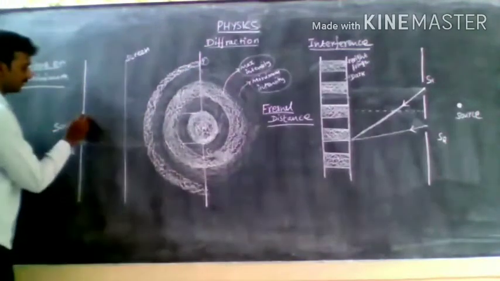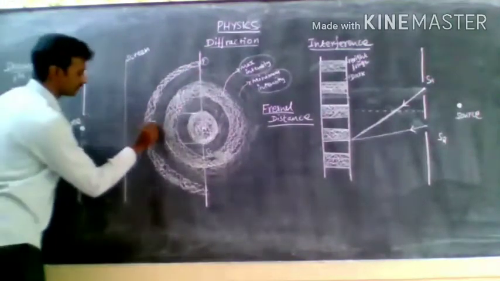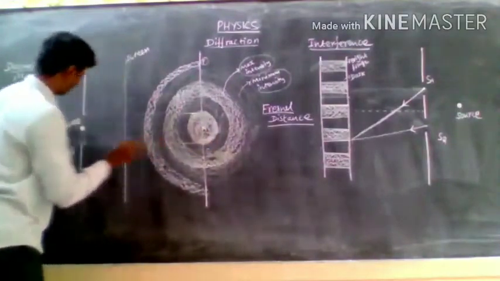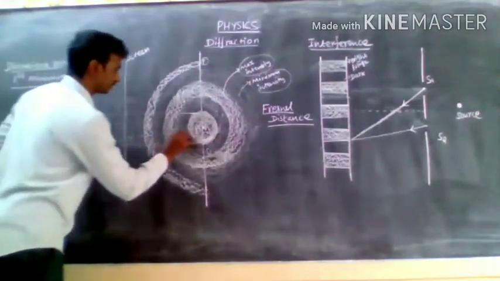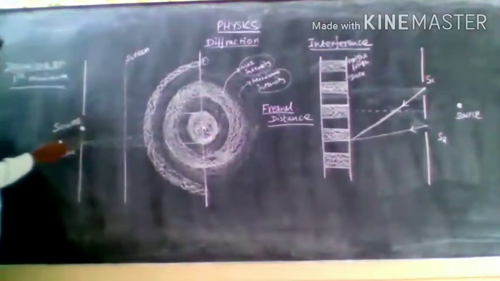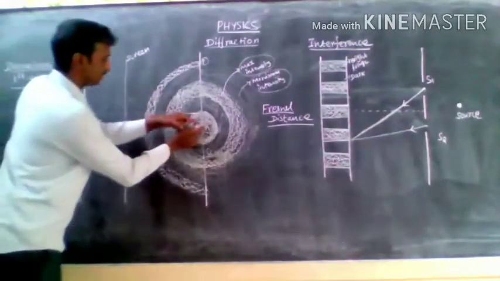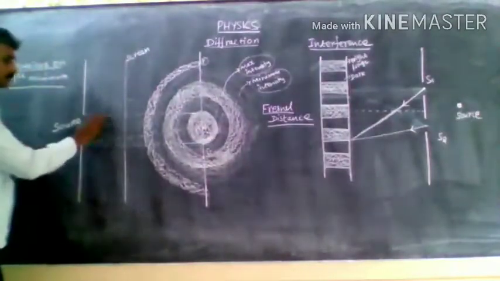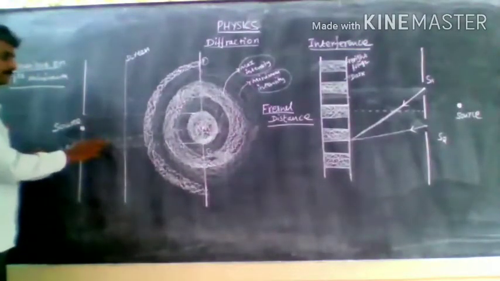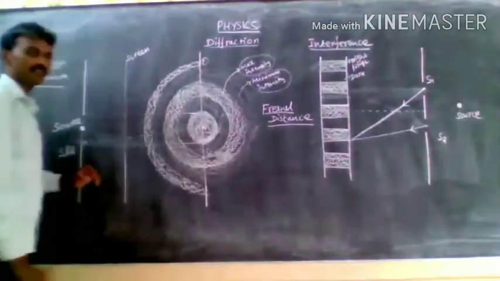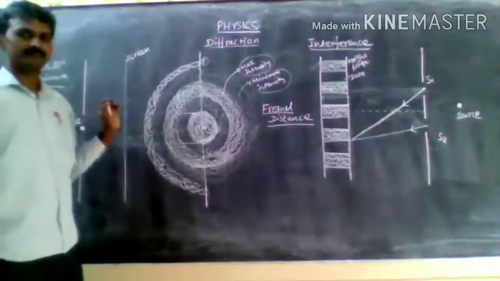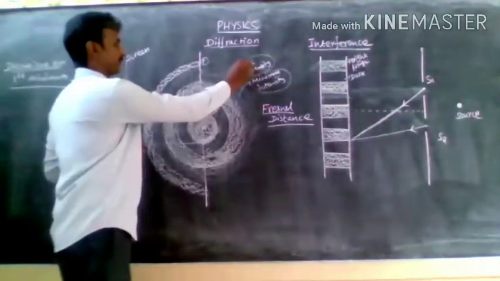For example, the light from the source meeting at the center on either side of the slit travels an equal distance. Therefore, there is no path difference between the waves, so the center point always appears as a bright or maximum intensity point.